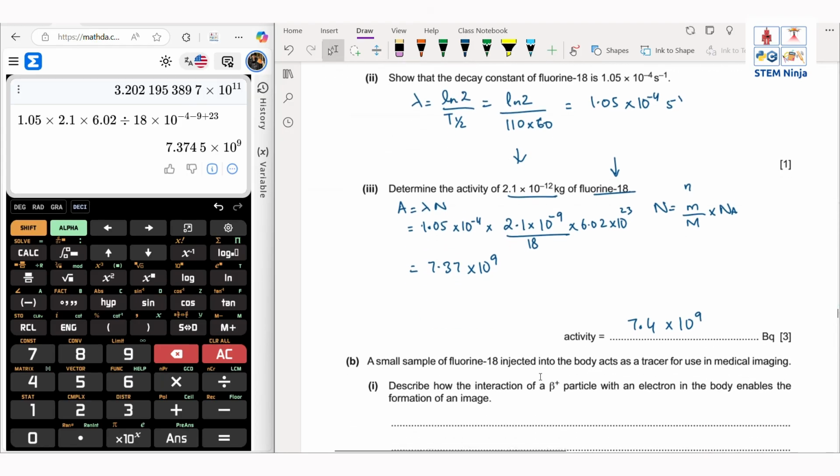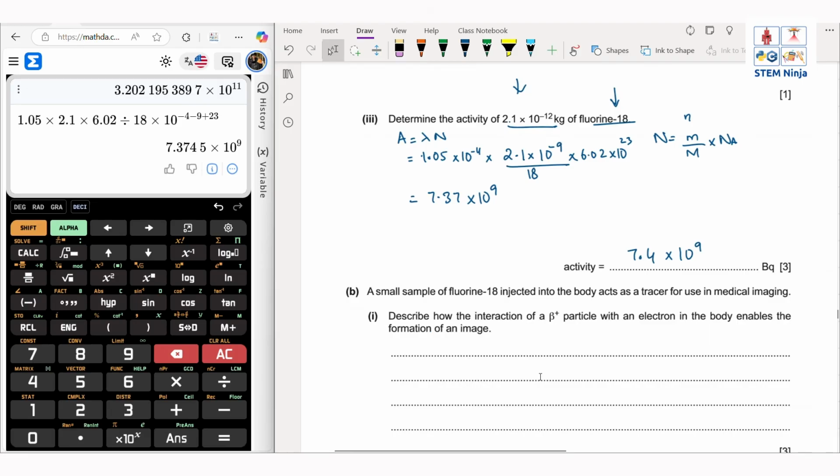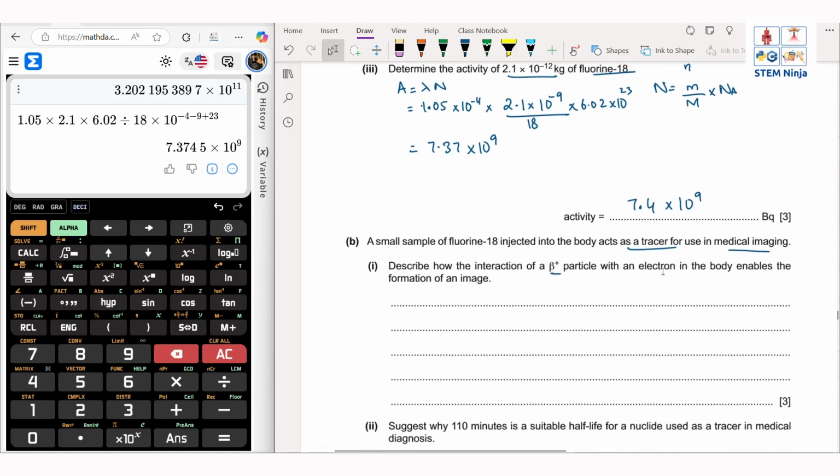A small sample of fluorine-18 is injected into the body, acts as a tracer for use in medical imaging. Describe how the interaction of the beta plus particle with an electron in the body enables the formation of an image. So this is an easy thing to describe.